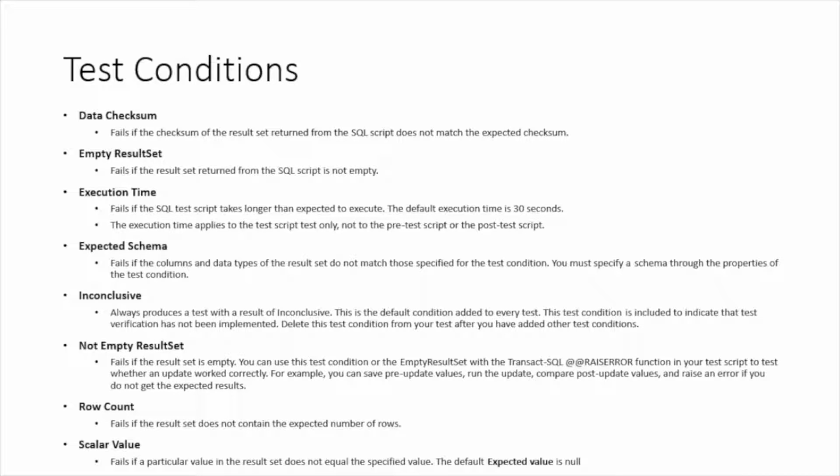So a non-empty result set is what I use the most. You can run a select statement with a predicate, and it must return a result set. If it's empty, it will fail. I've used row count quite a lot as well. So if you count the number of rows coming from a stored procedure, then it must expect whatever you configure.